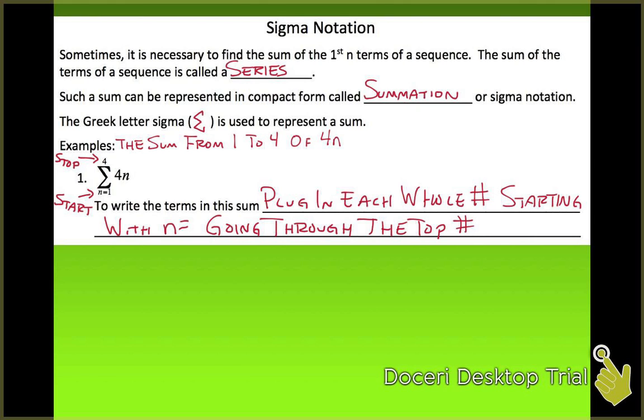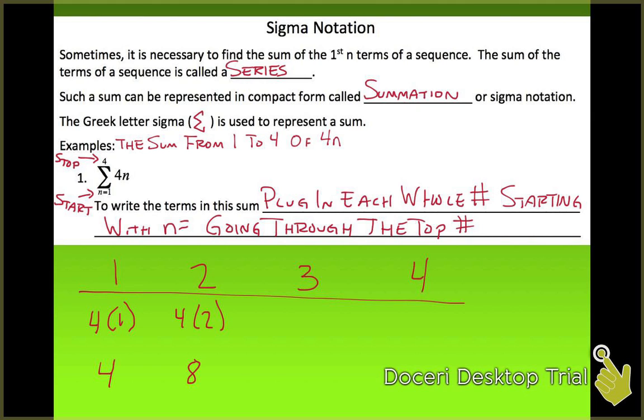So if we were to do this, we can do almost the exact same thing that we did with sequences. So we're going from 1, 2, 3 to 4. And we're just going to plug in our numbers. So we have 4 times 1, which is 4. We have 4 times 2, which is 8. We have 4 times 3, which is 12.